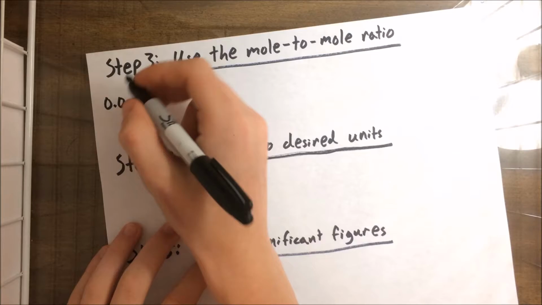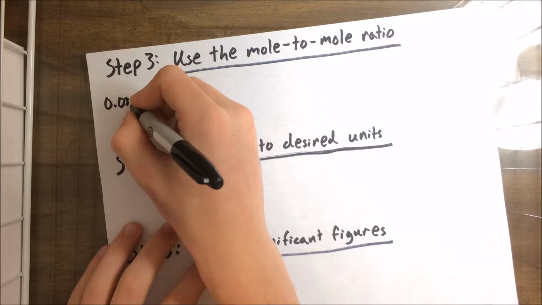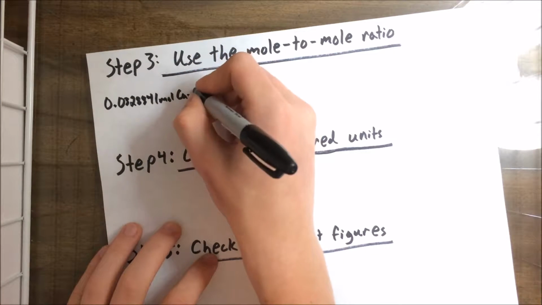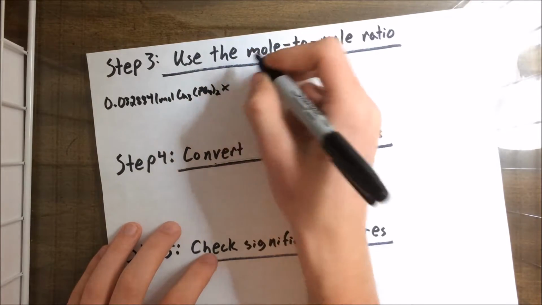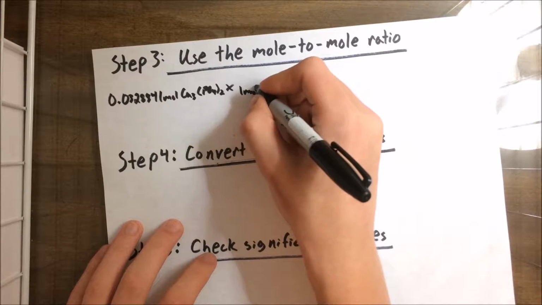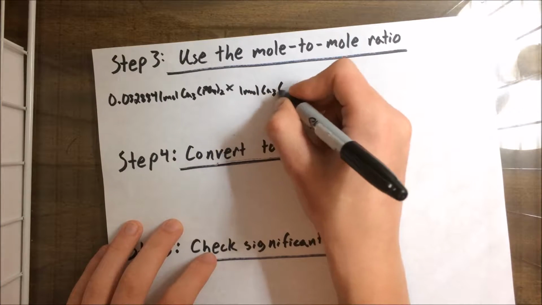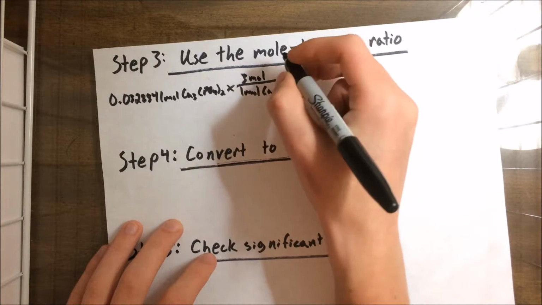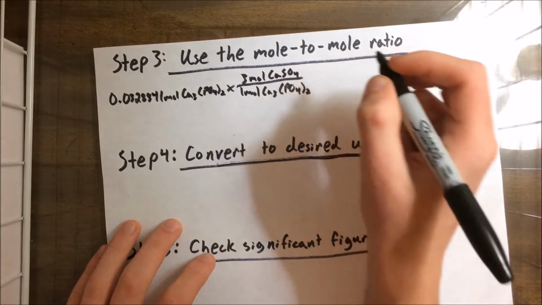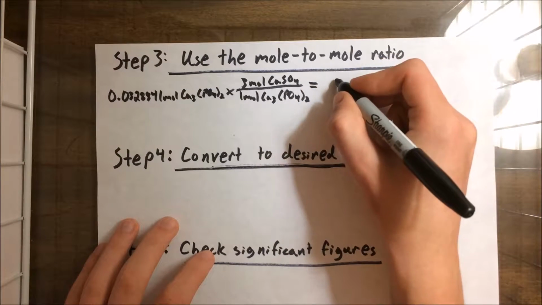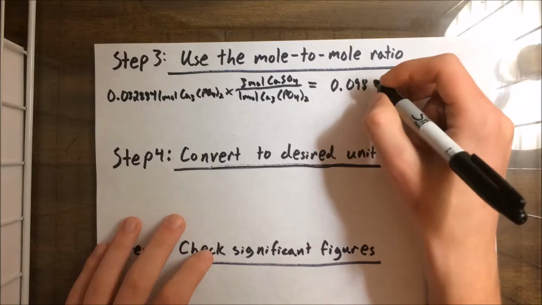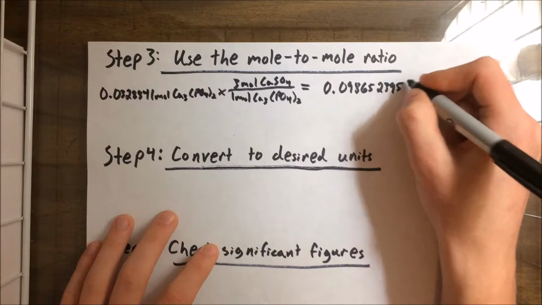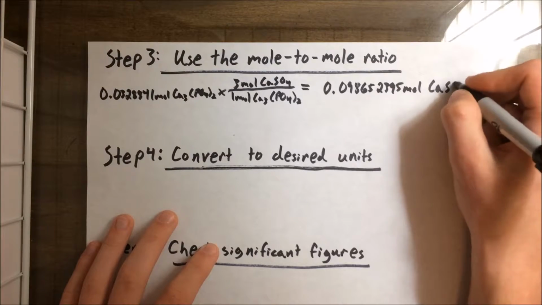So we have 0.0328841 moles of calcium phosphate times the mole-to-mole ratio, which would be 3 moles of calcium sulfite for every 1 mole of calcium phosphate, and that would be equal to 0.098652395 moles of calcium sulfite.